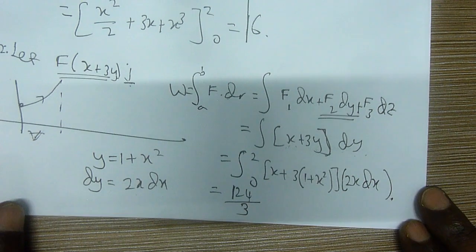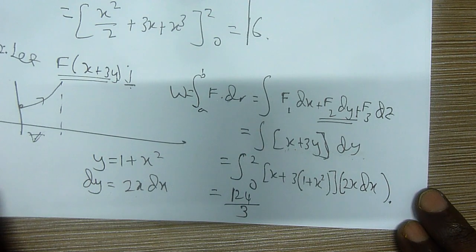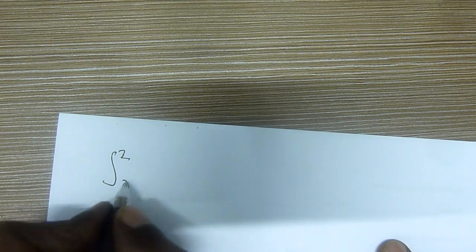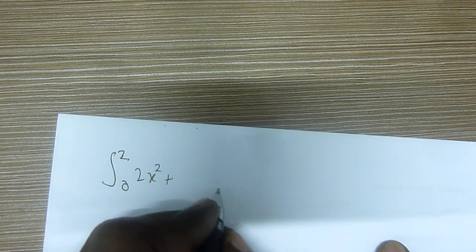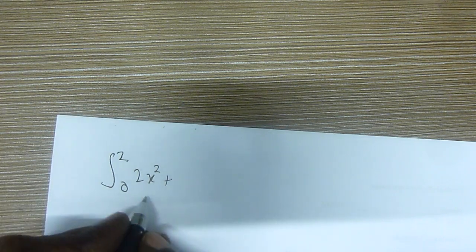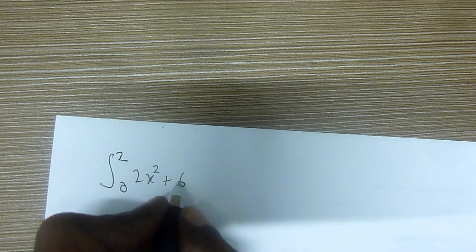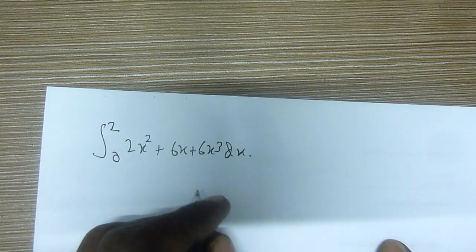Okay, but the simple question here is this. Let me show you the calculation anyway. Again, 2 to the 0, 2x², am I making the calculation correctly? 6x plus 6x³ dx.